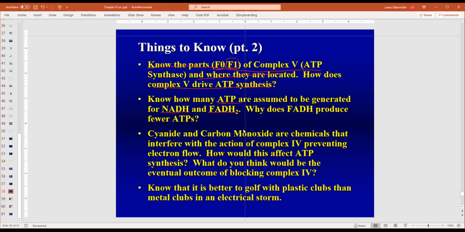No, that's how many protons. We have 4 protons, but we need 2 protons to make 1 ATP. So 4 divided by 2 is? 2. Yes. Awesome. Why does FADH2 produce less ATPs than NADH?